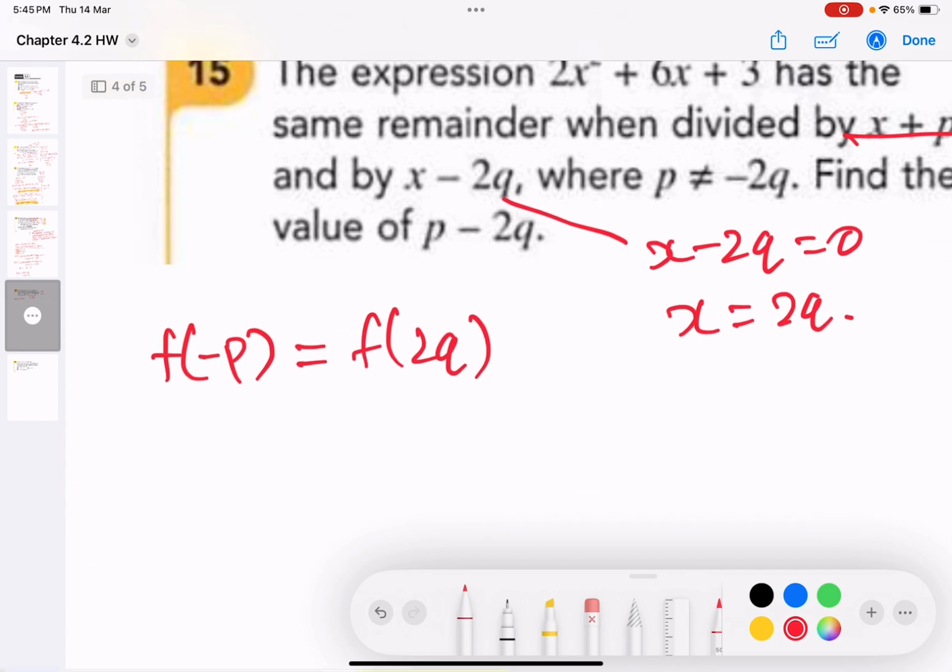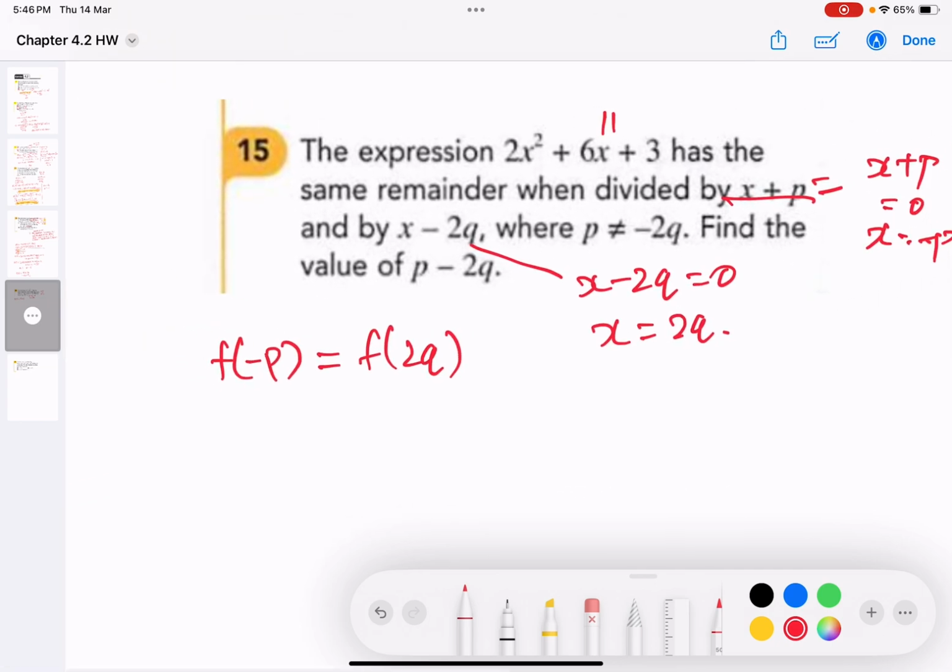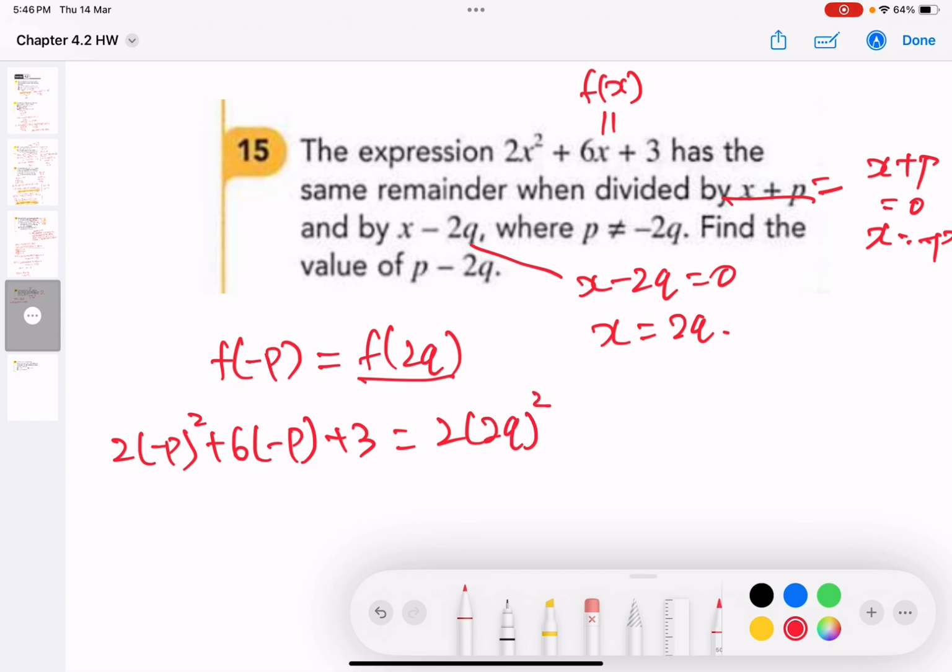If I substitute into the original function f(x), I'm going to get 2 times negative p squared plus 6 times negative p plus 3. It will be equal to the same thing when I substitute 2q inside: 2 times 2q squared plus 6 times 2q plus 3.